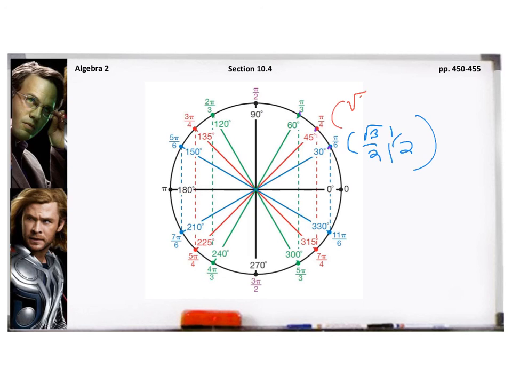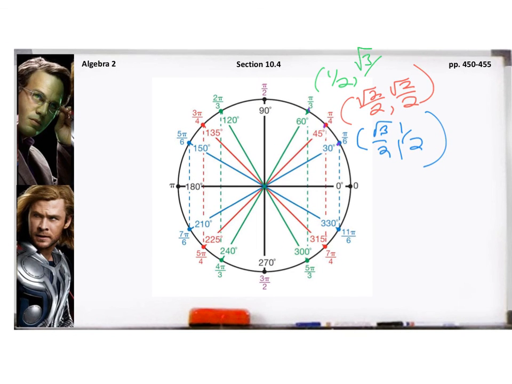Pi over 4 is root 2 over 2, root 2 over 2. Again, these are values you should have memorized. And pi over 3 flips 30 degrees, or pi over 6. So instead of 1/2 in the y, that's in the x, and root 3 over 2 is in my y value. And then the same is true all the way around. You just change the negative or positiveness depending on which quadrants you're in, whether x is negative or positive, whether y is negative or positive.